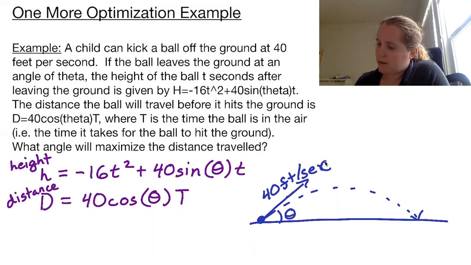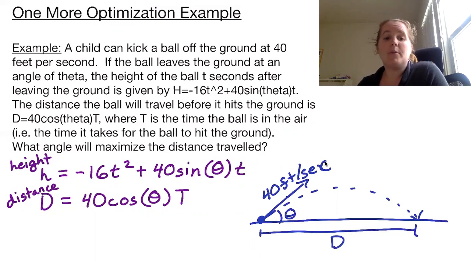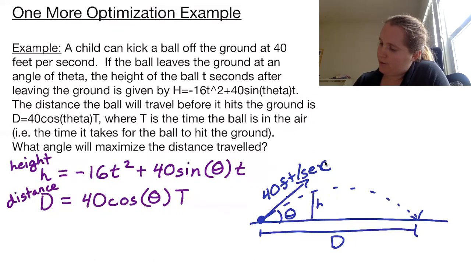So we're labeling this distance as d, and then capital T is the time elapsed, and then height is however high up the ball is at whatever point in time. So if we want to do our optimization, we need to know that capital T, and then we also have some limits on our theta.